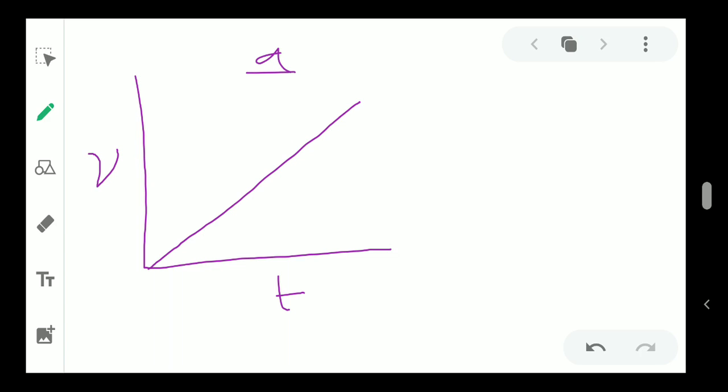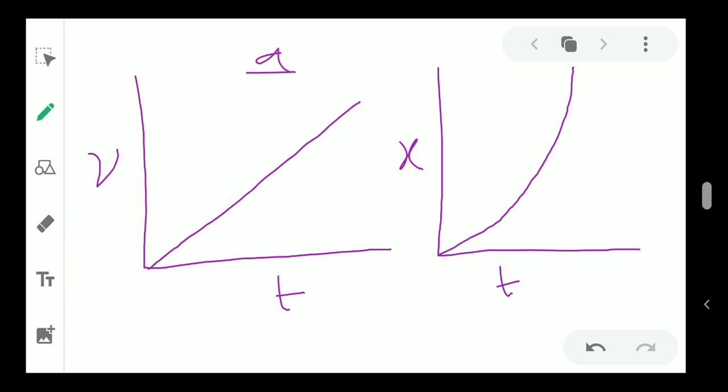So if for the same scenario I draw another graph showing x versus t, I will see that the velocity is increasing, which means the graph will be like this. So these two are the same scenario, but the plots are drawn based on different captions.